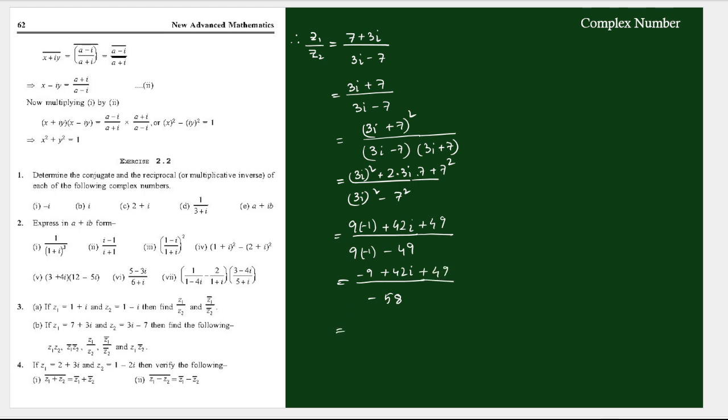So 49 minus 9 is how much? 40 plus 42i divided by 58. And now we can keep the minus here, so this whole thing becomes negative. Or we can only keep the upper one in bracket. That is also correct.